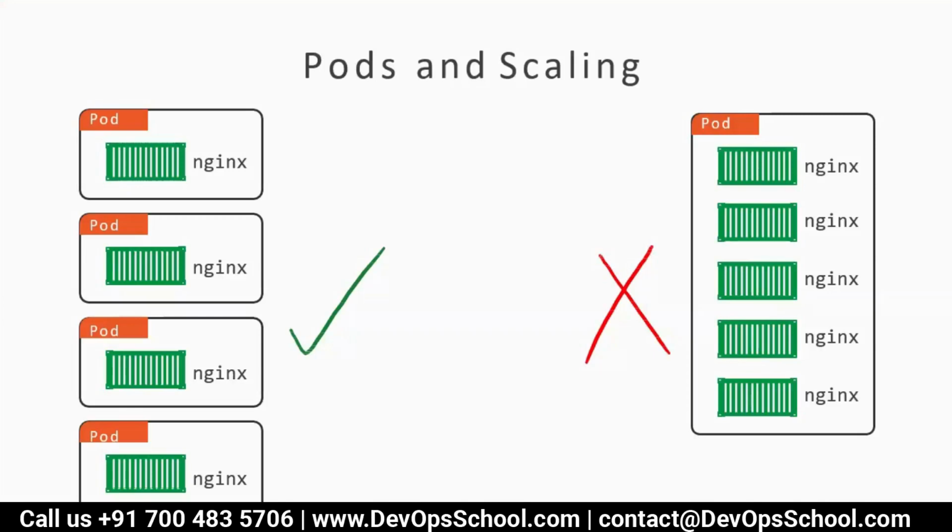So all four containers will get wasted, including the RAM. This is the way you should scale: one kind of container should be in one pod.